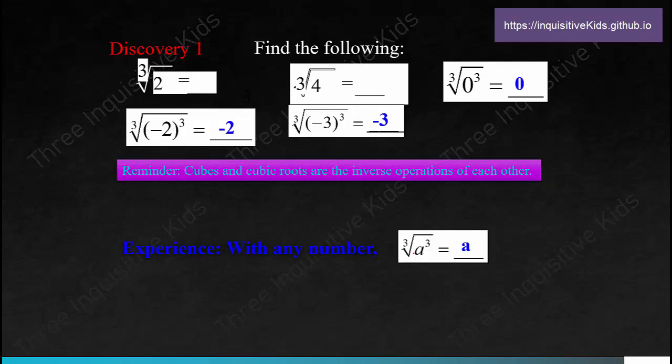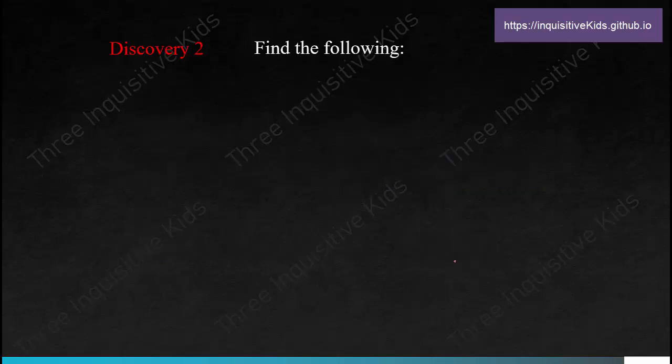So with any number, this always is true. Cubes and cubic roots are the inverse operations of each other, which means that whenever you see a cubic root outside or inside of a cube, those two operations cancel out and you just have a. Okay, there we have it.